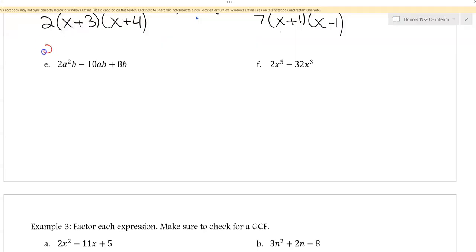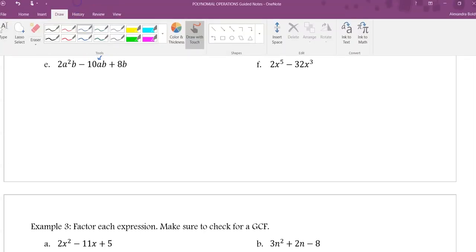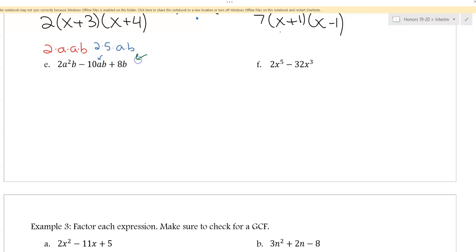So this is really 2 times A times B. This one is 2 times 5 times A times B. And that one is 2 times 4 times B. So if I look at what they all have in common, they all have a 2, and they all have a B. This has an A and this has an A, but this doesn't have an A, so I can't circle the A. Unless I can circle it in all 3 things, it's not part of my common factors.